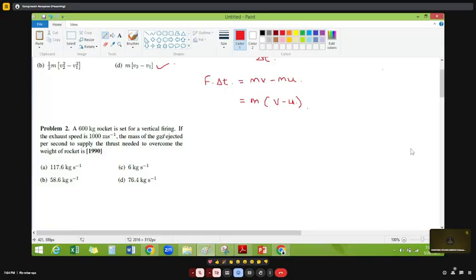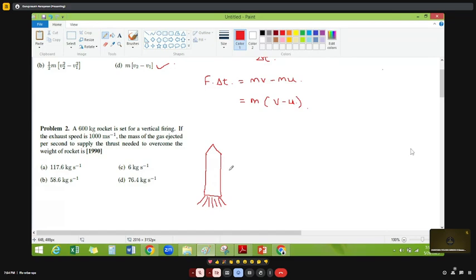A 600 kg rocket is set for a vertical firing. If the exhaust speed is 1000 meters per second, find the mass of the gas ejected per second to supply the thrust needed to overcome the weight of the rocket. It may look like a very complicated problem, but it's very easy if you practice it, and I see many problems based on the same concept.